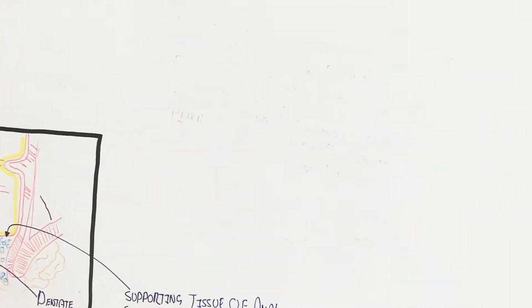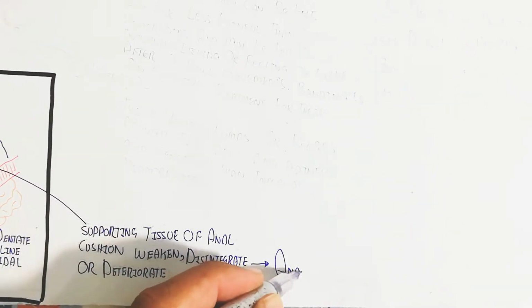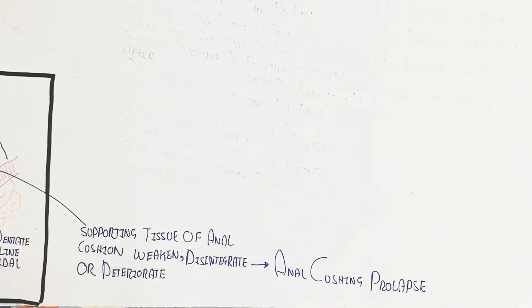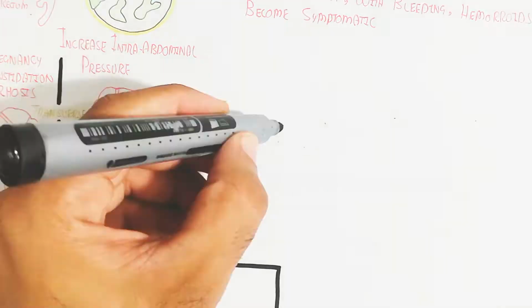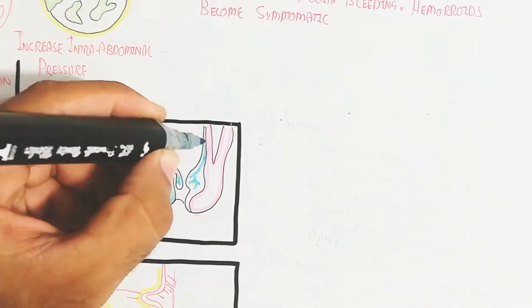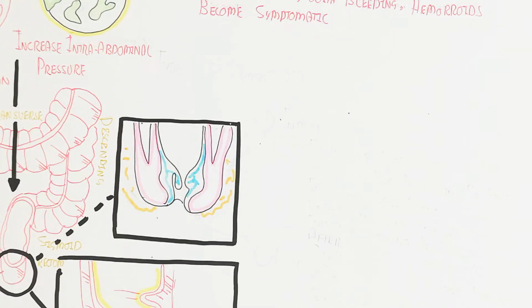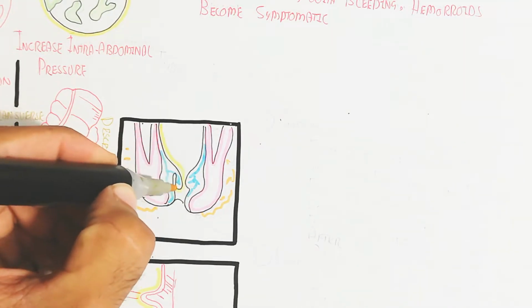This is the anal area, and the weakening and deterioration of the supporting tissue will lead to anal cushion prolapse, and the anal cushion prolapse will cause many complications.